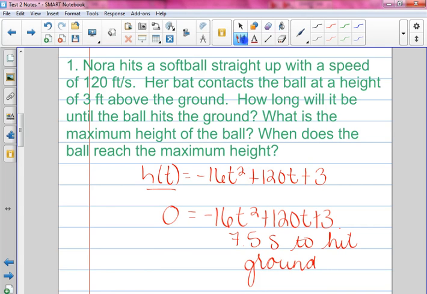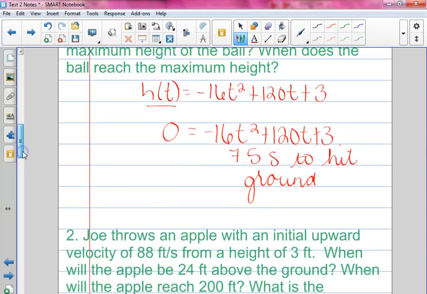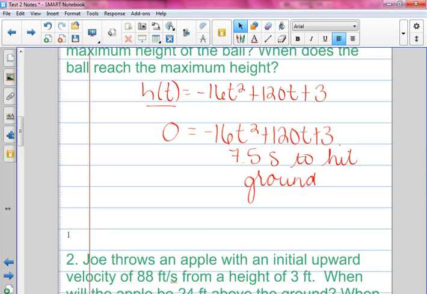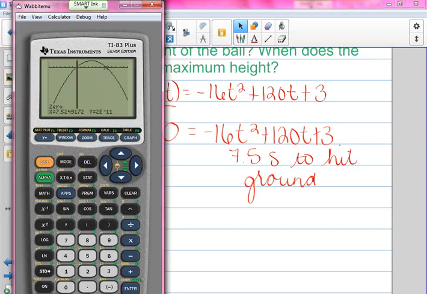Okay, so now I need to answer, what is the maximum height of the ball? First I need to move all this other junk out of my way. So now I'm going to find the maximum, just like you're used to doing.